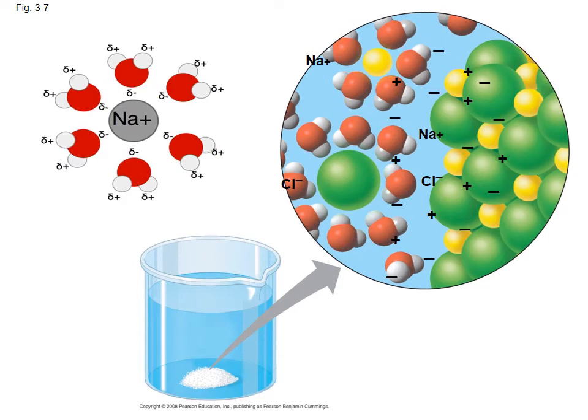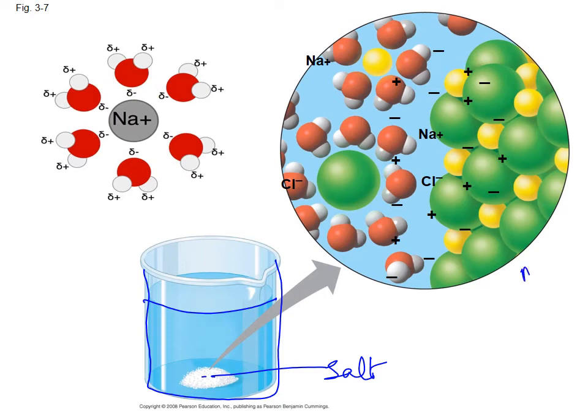Imagine that you have a beaker full of water and you added some salt. Salt is sodium chloride. Now sodium has atomic number 11.